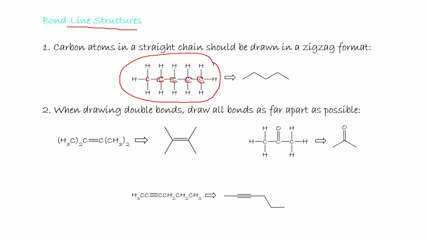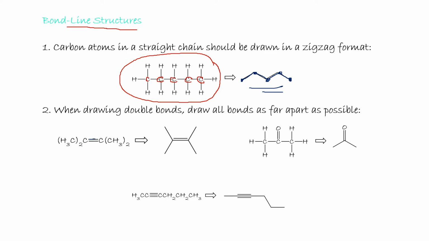Carbon, carbon is one line, carbon here and carbon here. So we continue until we reach 5 points. That's it. Very simple, straight way to draw benzene.